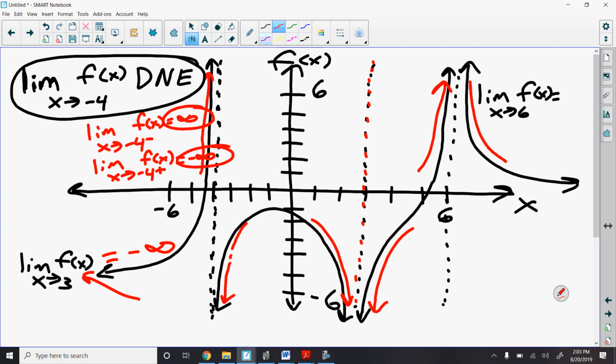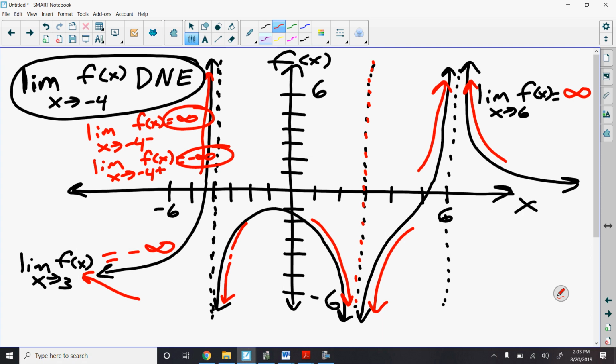The right-hand limit is also going to infinity. Therefore, the limit as x goes to 6 of f of x should be infinity. So when we see those vertical asymptotes, we could get a limit that does not exist, a limit that is negative infinity, or a limit that is positive infinity. We'll see some more of those on graphs tomorrow, as well as a review of some of the day one stuff we looked at.